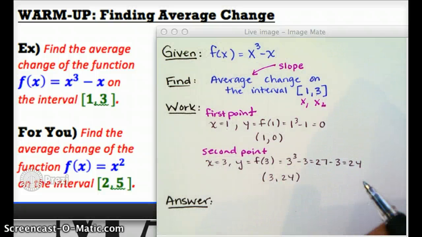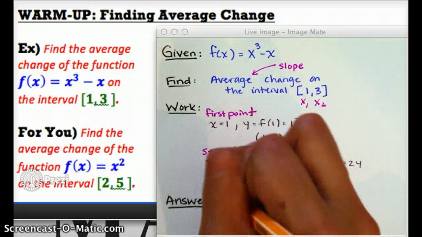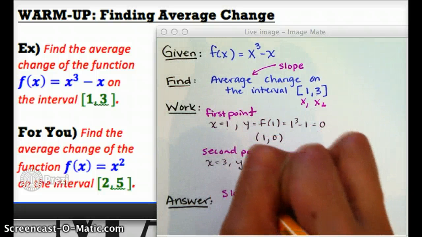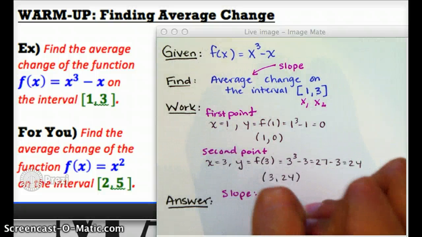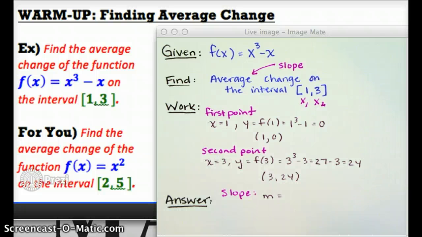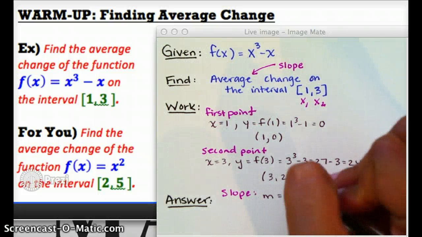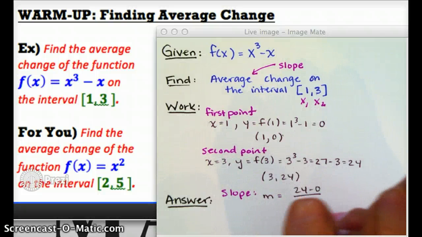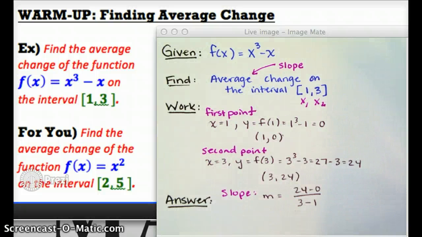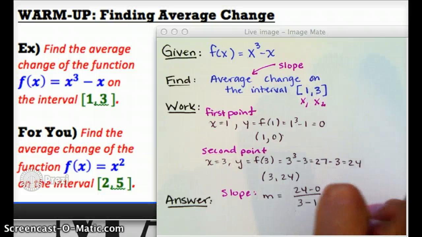Now the actual answer is going to be the slope. And slope is usually represented with an m, so this will just help my work be clear. But I'm just using the slope formula, y2 minus y1 over x2 minus x1. 24 minus 0 is 24.